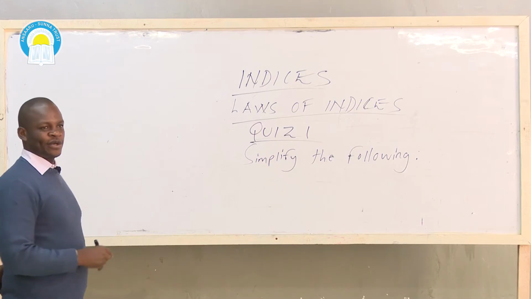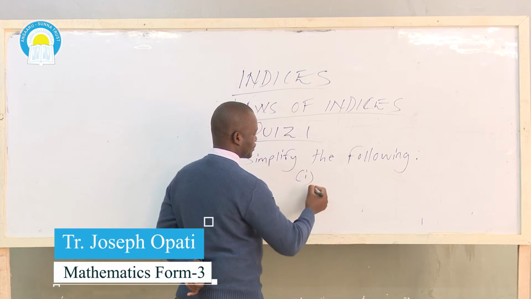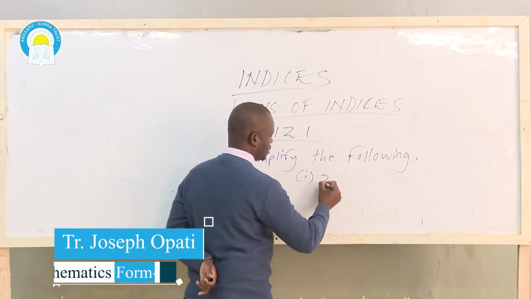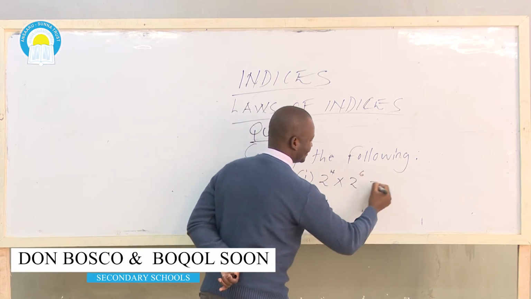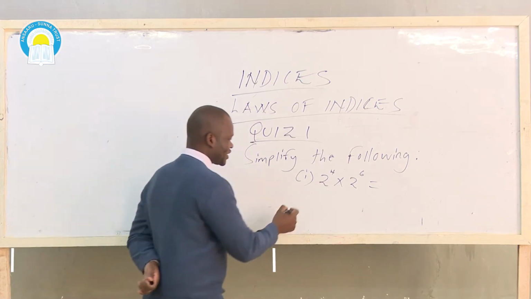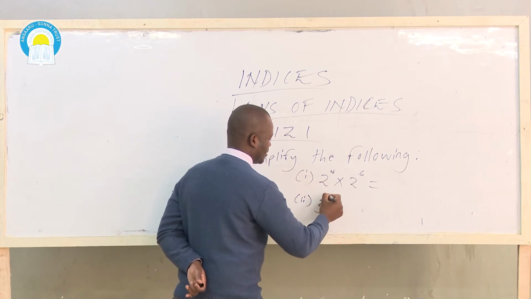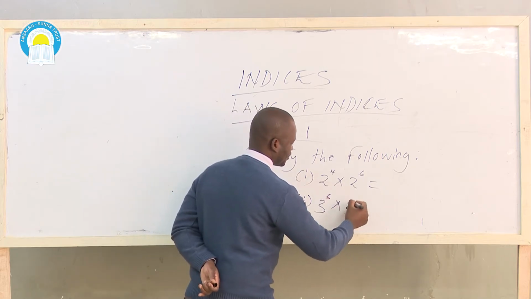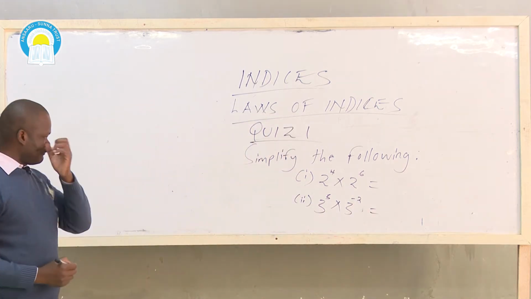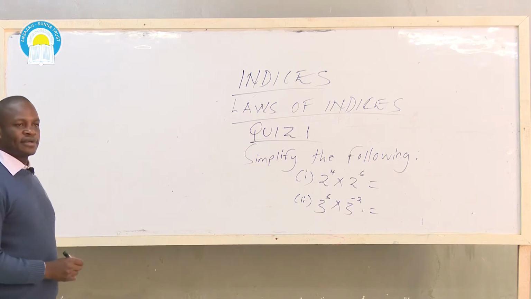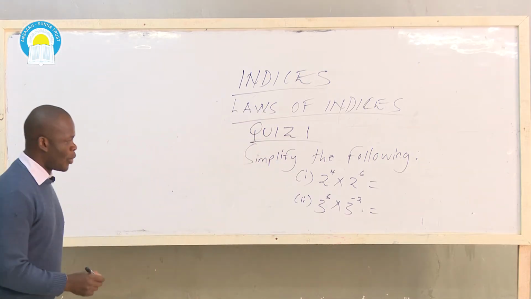Based on the first law we have discussed, let us have Roman 1 of quiz 1 being 2 power 4 times 2 power 6. And Roman 2, let us have 3 power 5 times 3 power negative 2. So based on that first law we have discussed, what will be the outcome of these workouts?